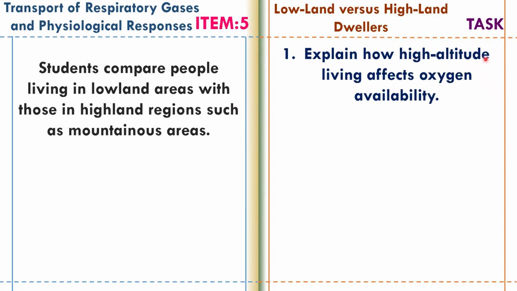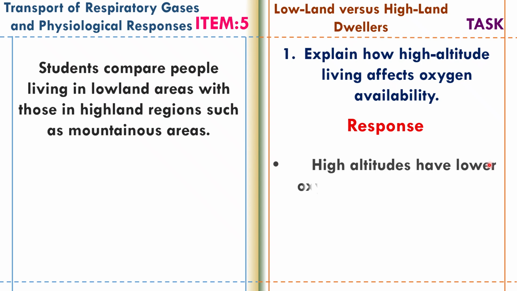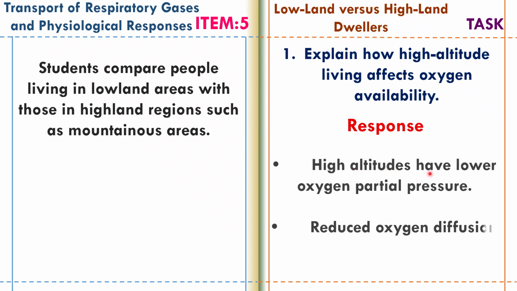Explain how high altitude living affects oxygen availability. High altitudes have lower oxygen pressure, and there is reduced oxygen diffusion into blood.